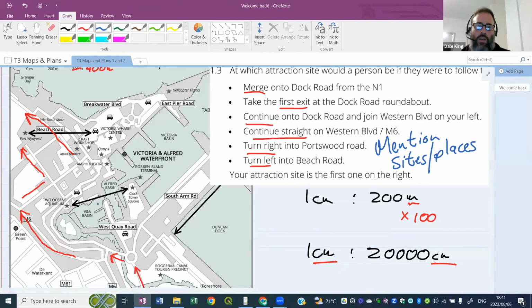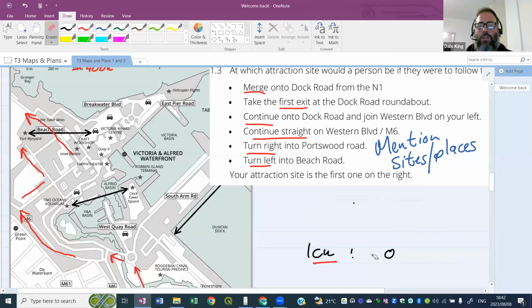Go past this on the right. And that'll help the person understand exactly where they are. So use these words and mention places that you're going past or that you can see. You will see the coffee shop. You must turn right before the coffee shop, or you're passing the coffee shop. Words like that. So I wanted to show this to you guys so you can see what words to use if you have to describe directions in a question.